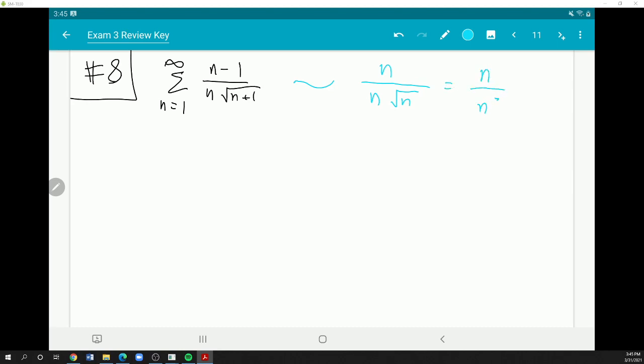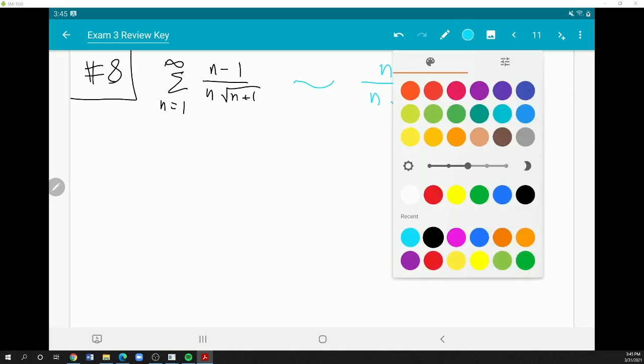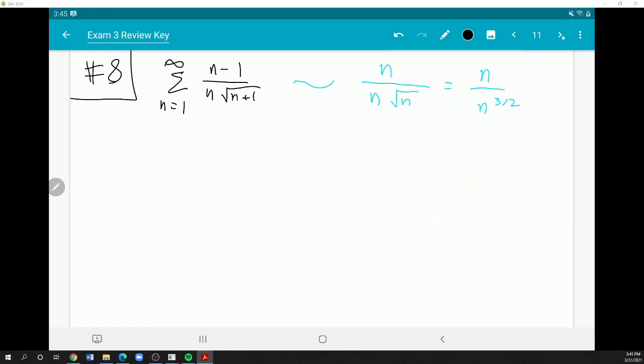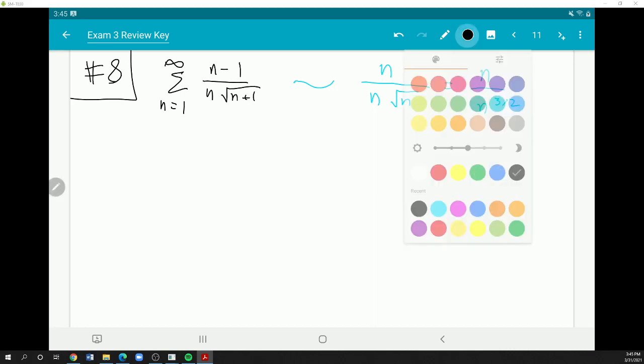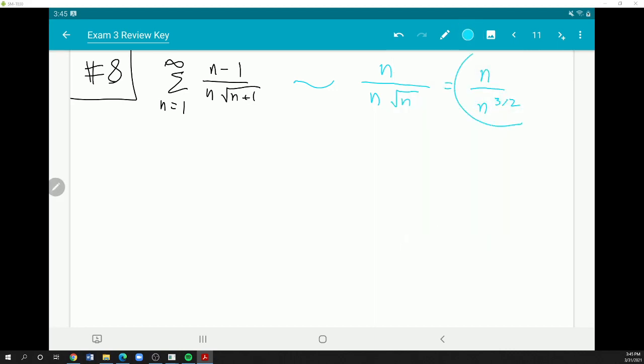So this looks like n over n to the 3 halves. So I say, okay, this is what I want to compare it to, and I know that this series diverges. So I want to show that this series also diverges.